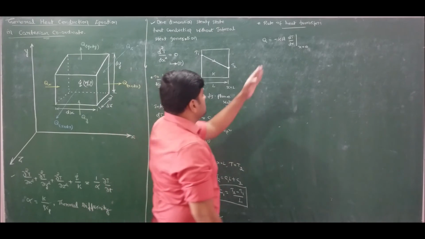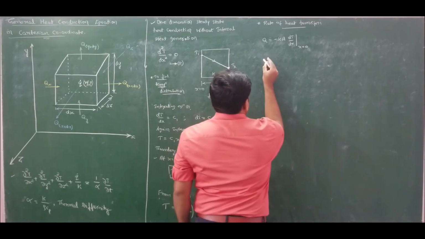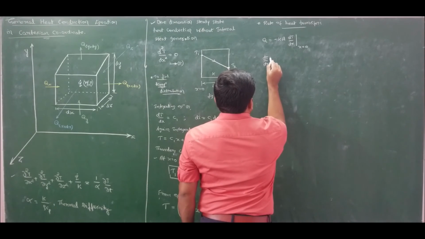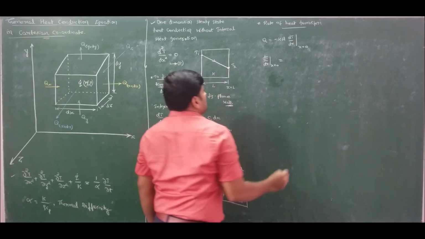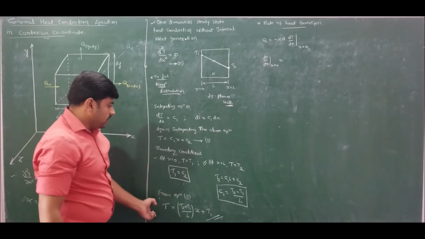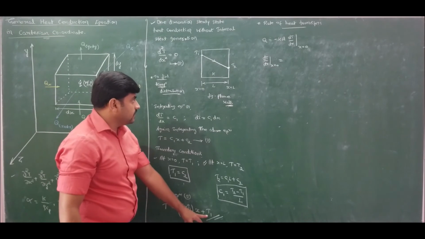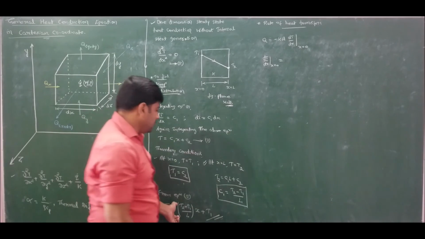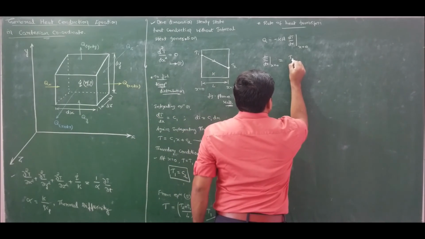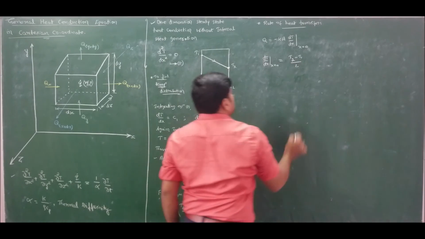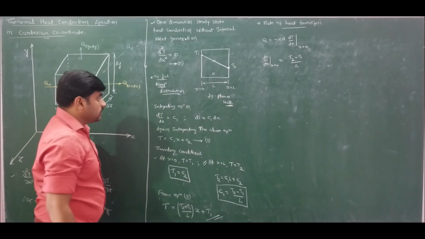First let me find dT by dx at x is equal to 0. Differentiating, the derivative of T1 is 0 because T1 is a constant independent of x. Now the derivative of the other term is T2 minus T1 by L. So this is the differentiation of the temperature distribution T.